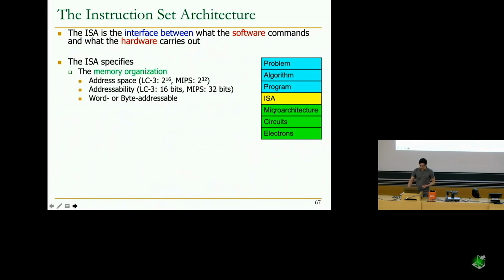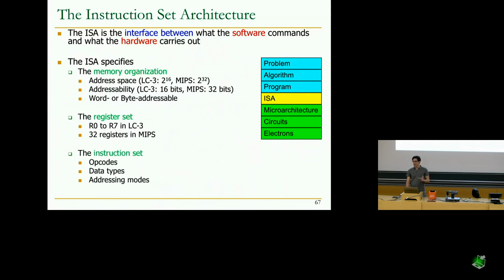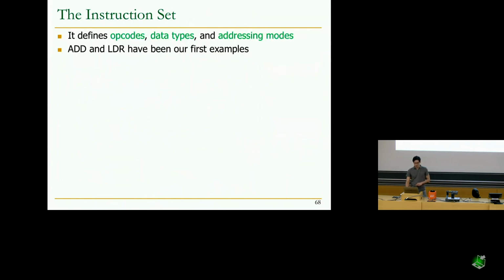So the ISA specifies the memory organization. We have already talked about this. It also specifies the register set. We have already talked about this as well in LC3 and in MIPS. And it defines the instruction set, which is the collection of instructions that we can execute on the microarchitecture, including different operation codes, different data types, and different addressing modes.